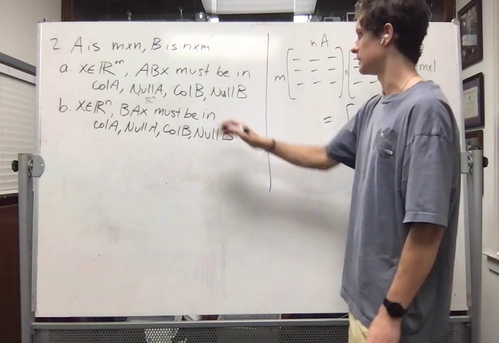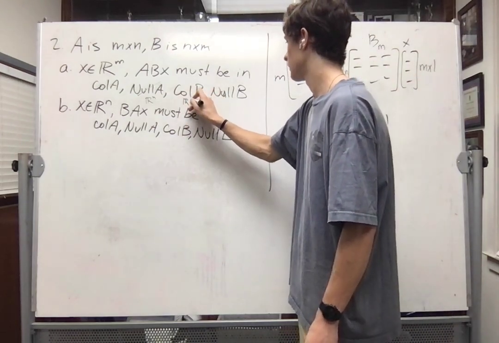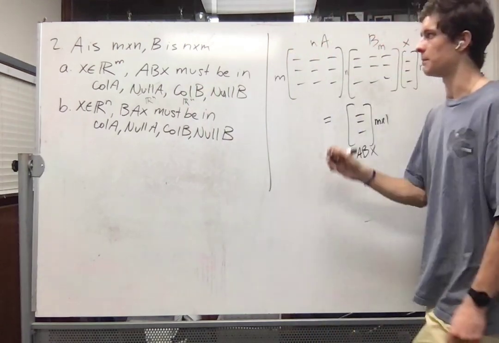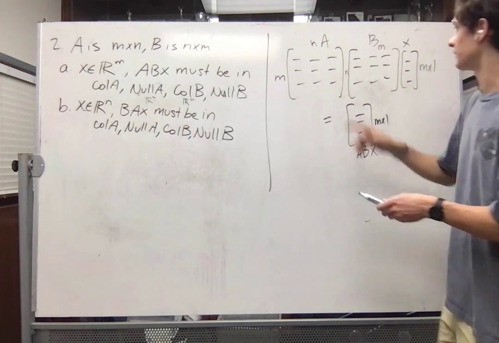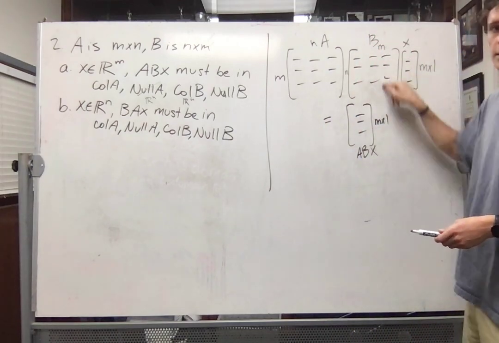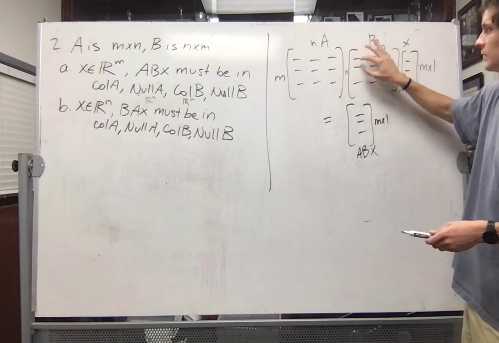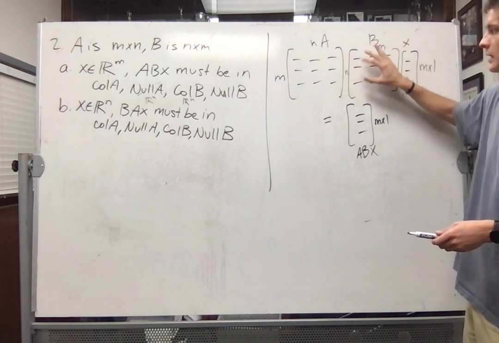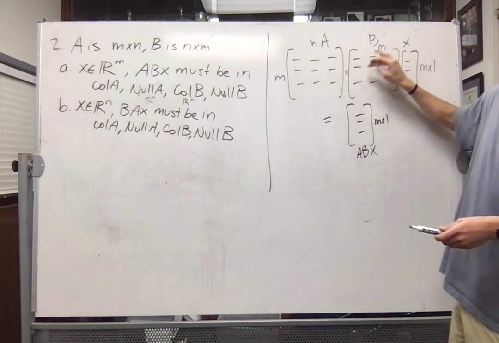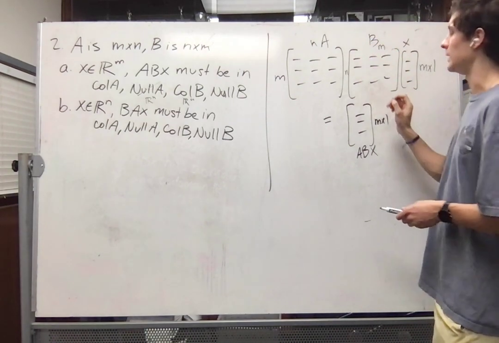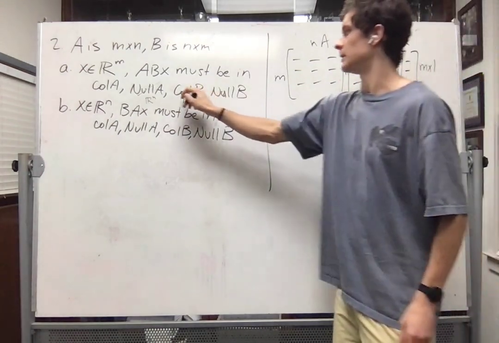Col B is going to live in Rn because B is n by m. Any linear combination of the columns of B has the same number of entries as the columns do, and the columns each have n entries. So col B is a bunch of vectors in Rn, and we can also eliminate it.